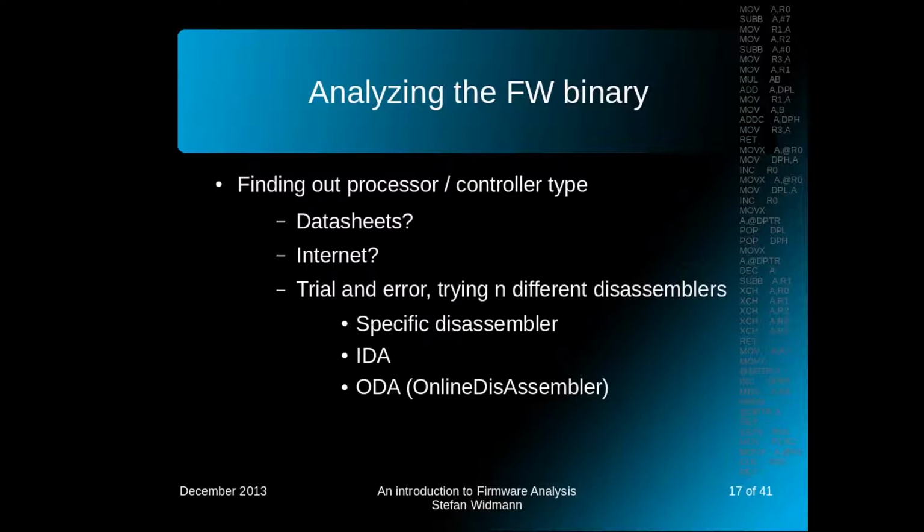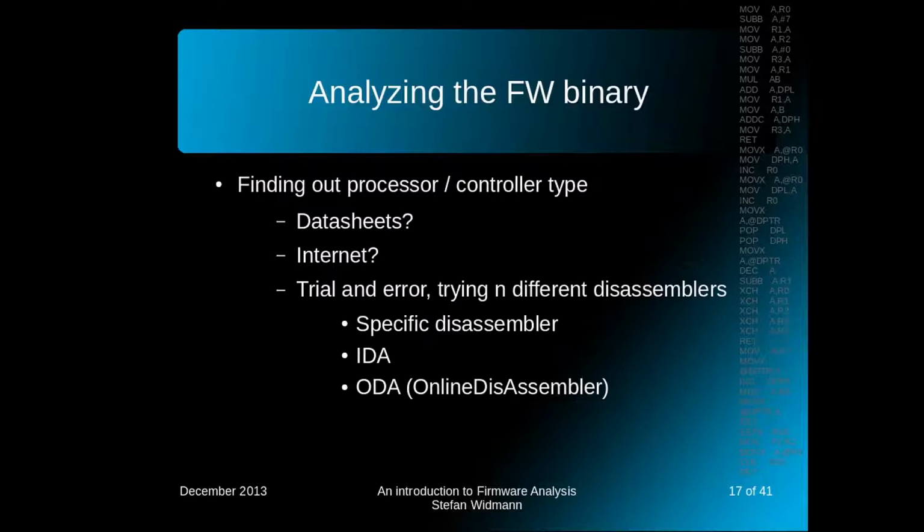Okay. So now you have to be really patient because now it gets to trial and error, trying n different disassemblers. You can use specific disassemblers; they are only built for one architecture. You can use a very good tool, the Interactive Disassembler, IDA. There's a freeware version. I've included a link in the link section of this talk.